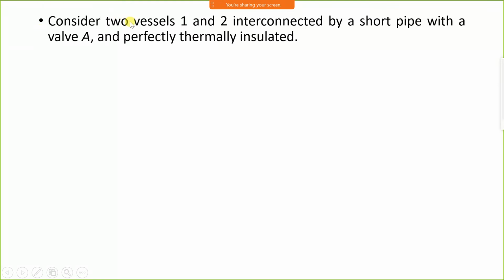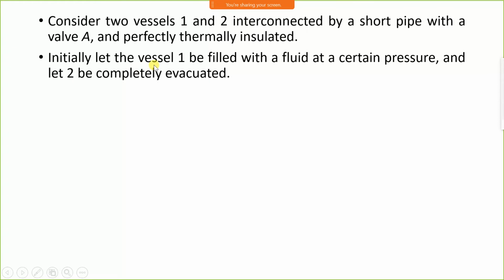Consider two vessels 1 and 2 interconnected by a short pipe with a wall A and perfectly thermally insulated. Initially, let vessel 1 be filled with a fluid at a certain pressure. In vessel 1, there is a gas at a certain pressure, and let 2 be completely evacuated. Vessel 2 is completely evacuated, meaning there is a vacuum.